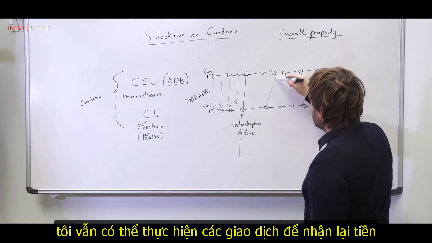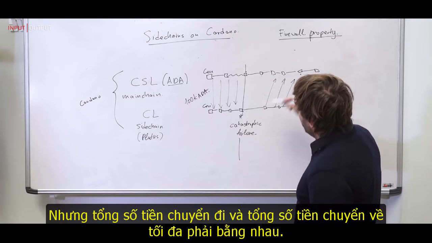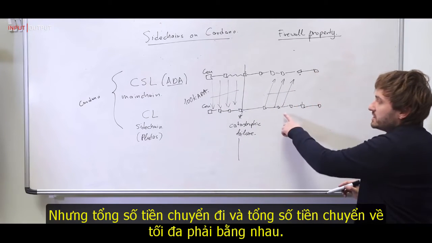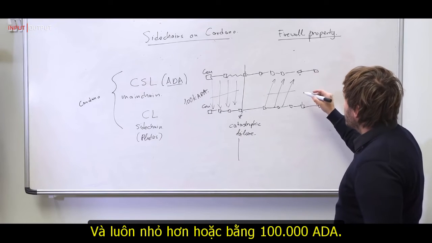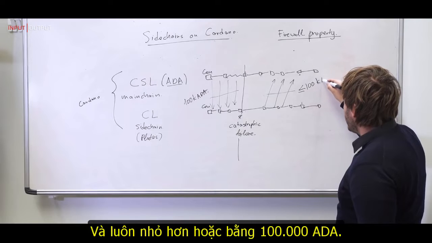So I can still make transactions to bring money back, but the total amount here and the total amount there has to be at most equal. So this is always less than or equal to 100,000 ADA.